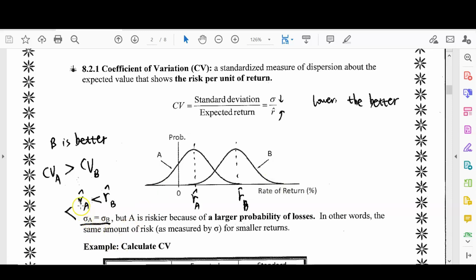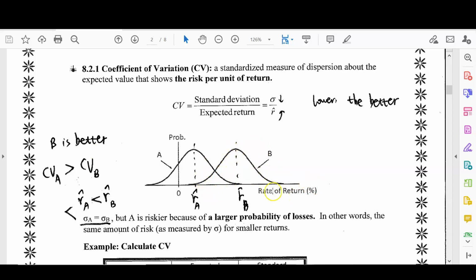Even though expected return of A is smaller than B, the standard deviation of A equals that of B. Okay, so if we calculate CV, because CV is standard deviation divided by expected return, CV of A will be larger than CV of B. Okay, and we prefer a lower CV, so B is actually better.